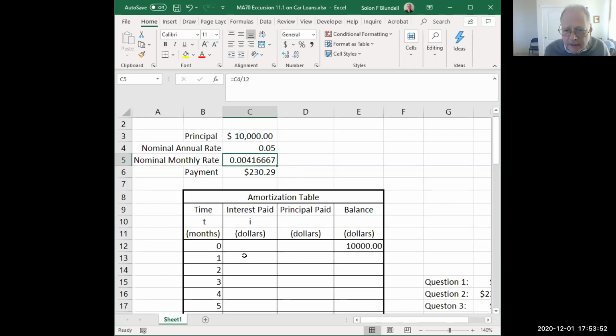Now, so for my interest paid in the first month, let's say equals, to make a formula, I want to take the amount I owed at the previous month, and I want to multiply, use the asterisk to multiply. I'm going to multiply by that monthly rate. So that's the interest that I paid.